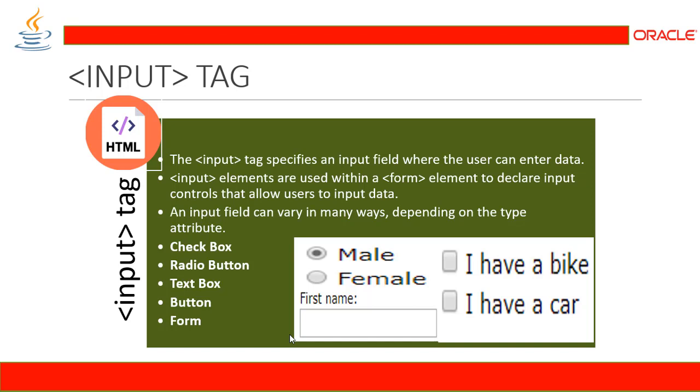So the form is basically you filling up the information and passing it to the office. The next page, or destination or target page, after filling it up has to be defined in the form. You will see more and understand it later when we actually see the examples.